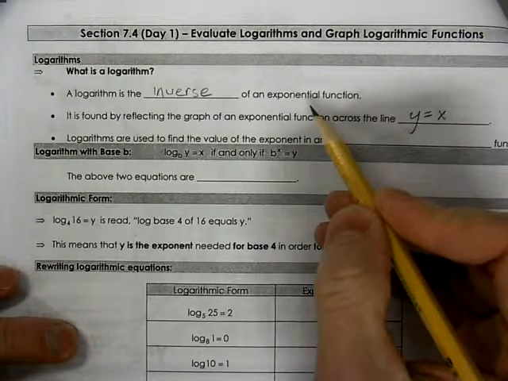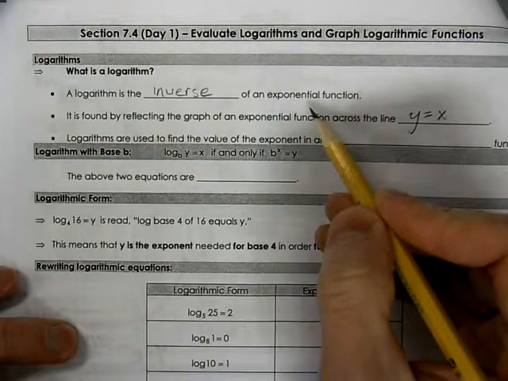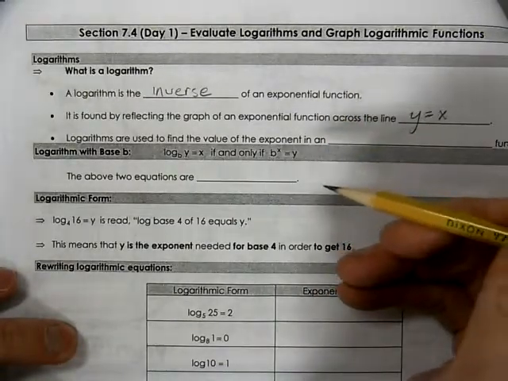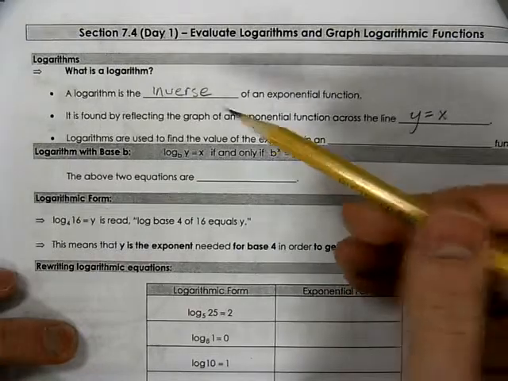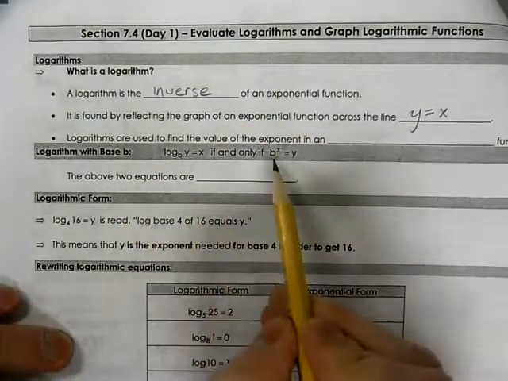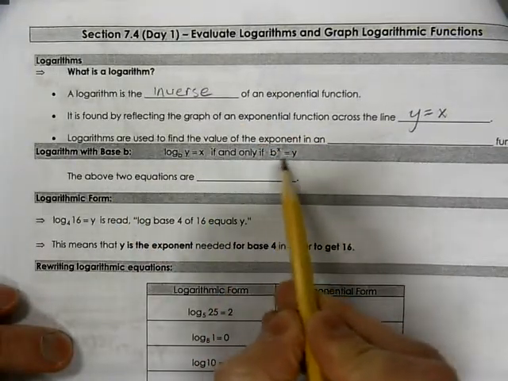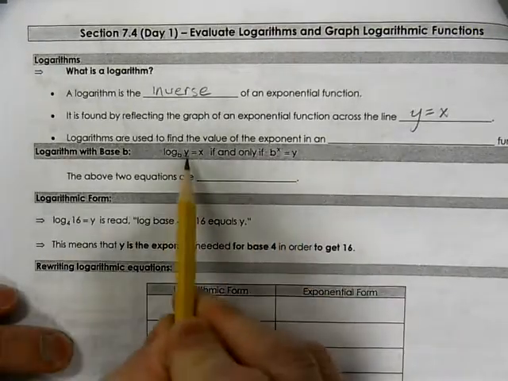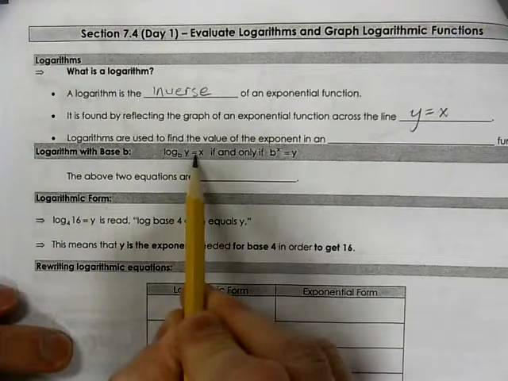So the exponential function is like y equals 2 to the x power. If you reflect that across y equals x, you're going to produce what's called a logarithm. Here's an exponential, for example, like 2 to the x power. Here's a logarithm.